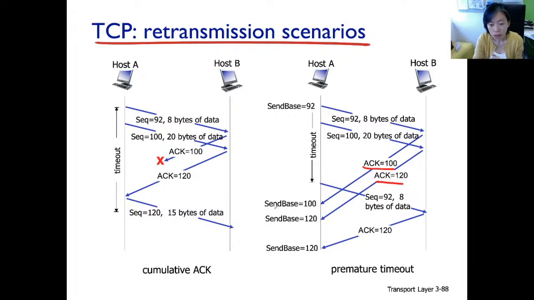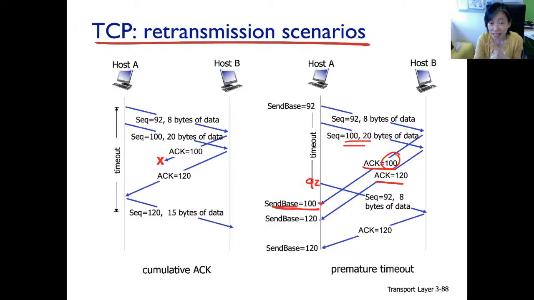So when ACK 100 arrives at the sender, y equals 100, that is the sequence number in the ACK. The send base at this point is still 92. So y is greater than send base. Therefore, we change the send base to the new ACK number. And do we restart the timer or stop the timer here? Well, there is still an outstanding packet, right? Which is this one.